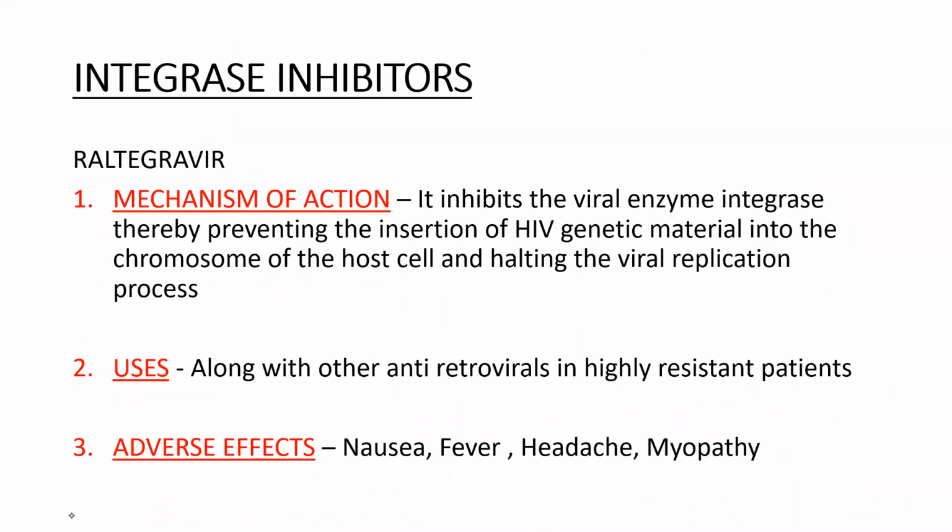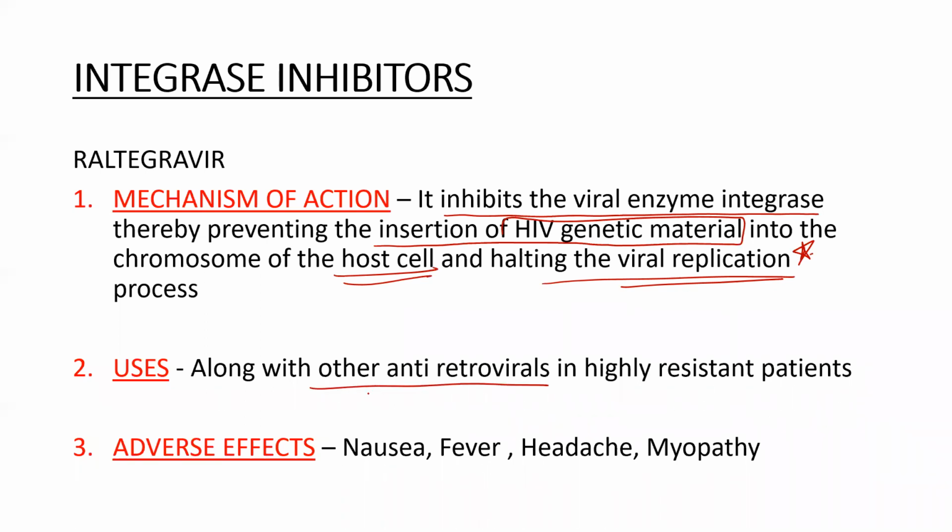Now coming to the integrase inhibitors. The integrase is an enzyme that causes the integration of the viral DNA into the host cell DNA. So these drugs inhibit the viral enzyme integrase, preventing the insertion of HIV genetic material into the host cell. And when it is done, they halt the viral replication.